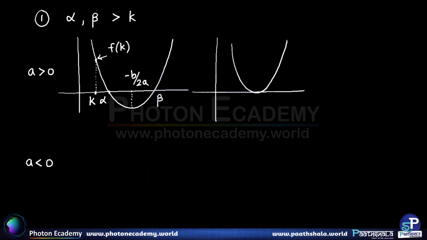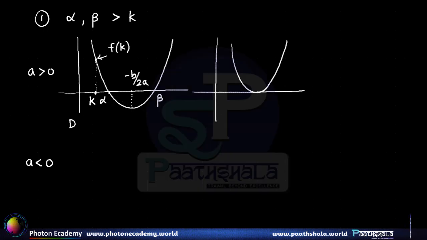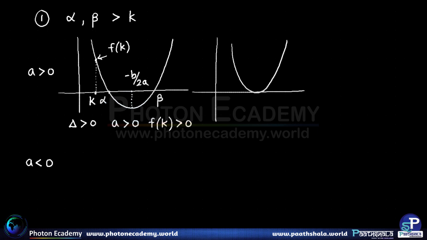That is, if we want two distinct roots, then the first condition is obviously the discriminant has to be positive. Then we know that here the parabola is opening upwards, so we want a to be positive, and we also want f of k to be positive, because as we have seen, k is to the left of the smaller of the two roots, but then it can be on the other side of beta.